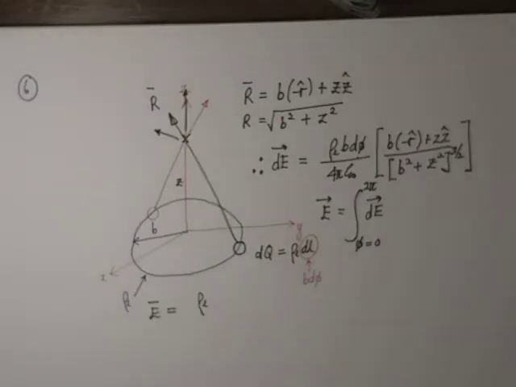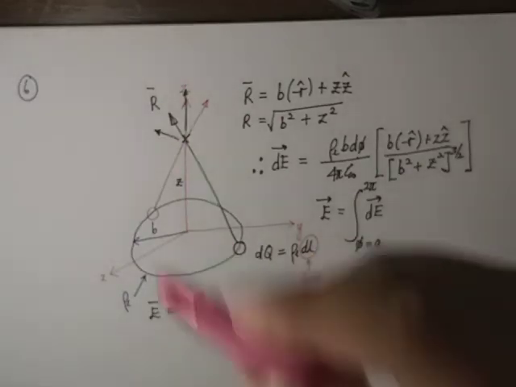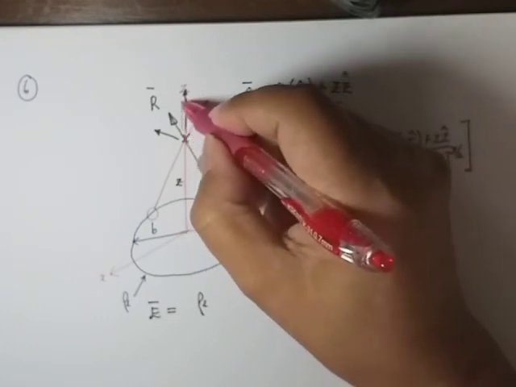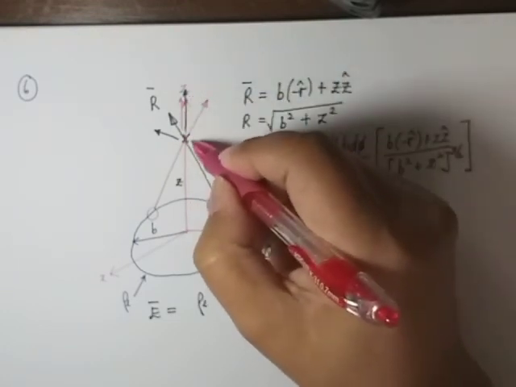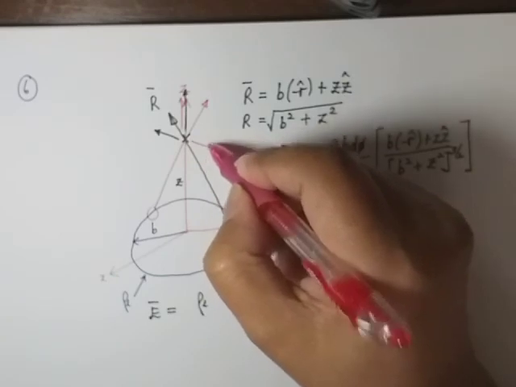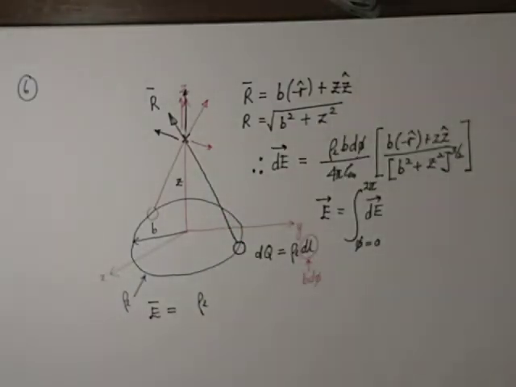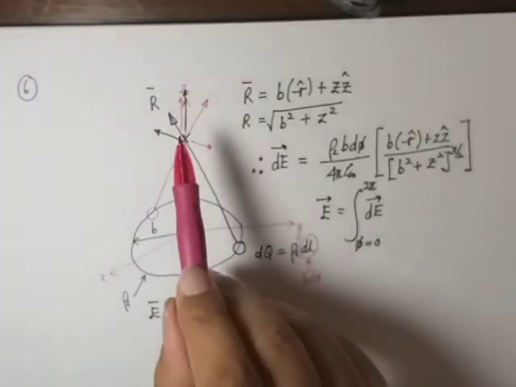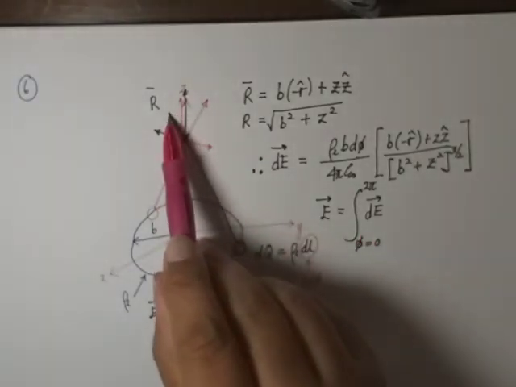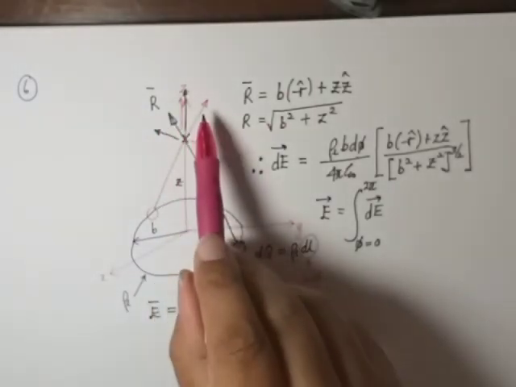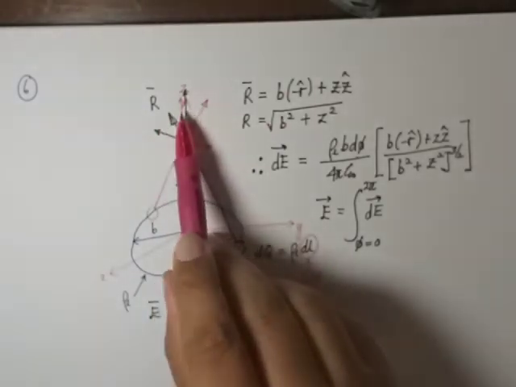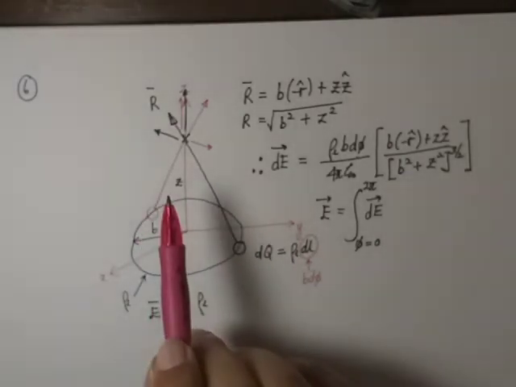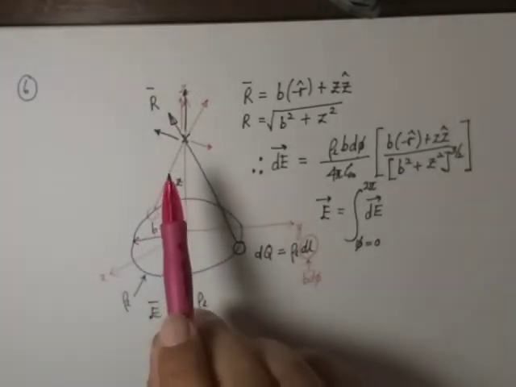And the same thing we can see now for the red component, we can split it also into two, the vertical component and the horizontal component. So when I integrate, I'm summing the black component of field with the red component of field.